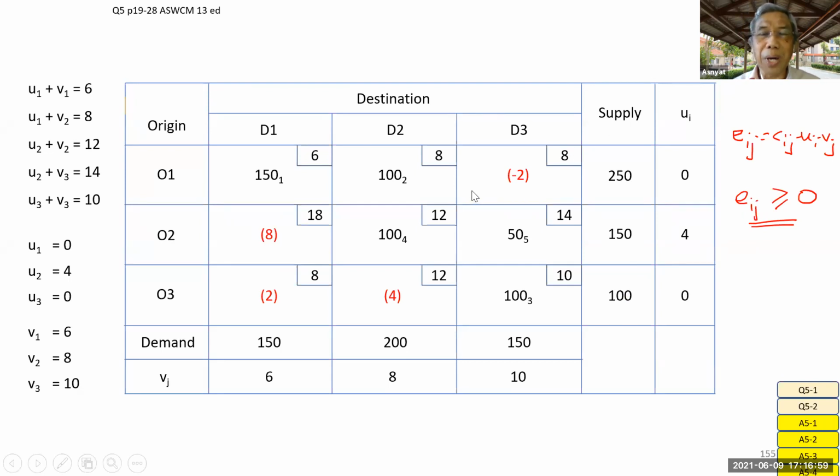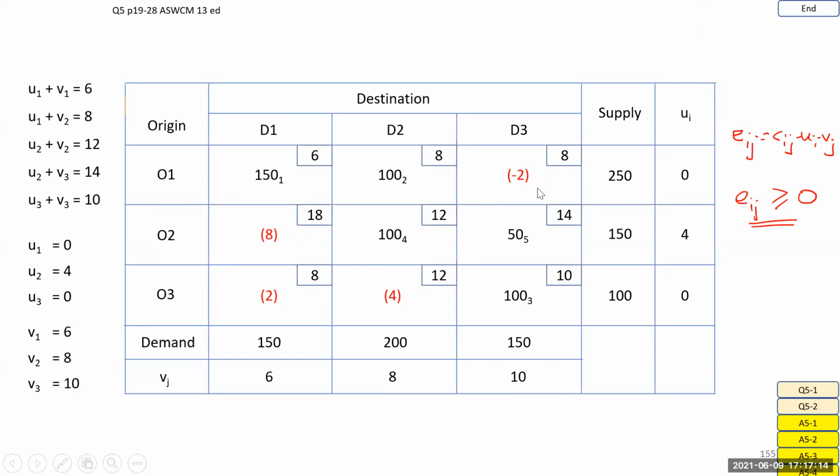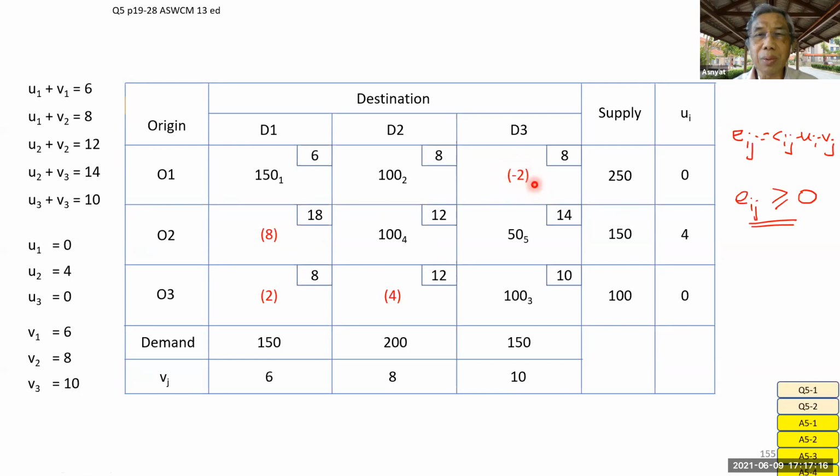So how to draw the closed path? We set it at the most negative improvement index. Where's the most negative? -2. So we start our closed path from here, then go from non-basic cell to basic, basic, basic, and then close. If I come down here, can I come here and then close back?